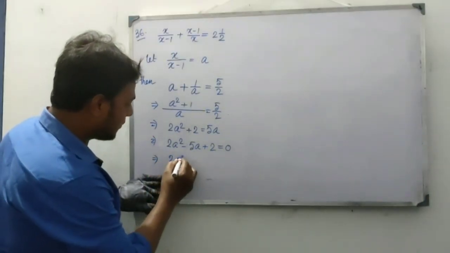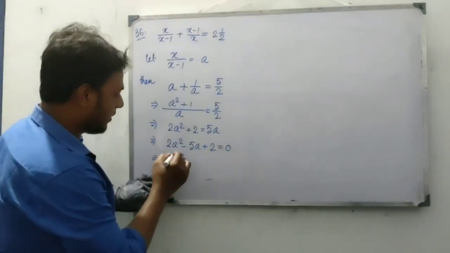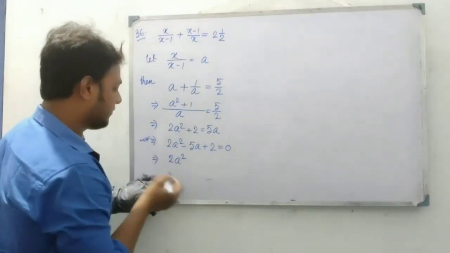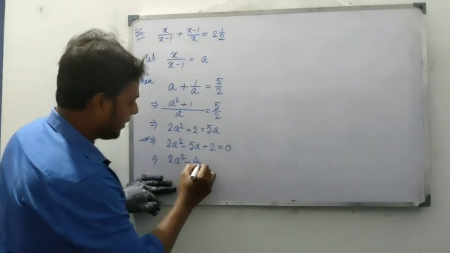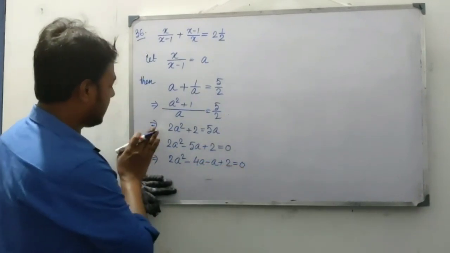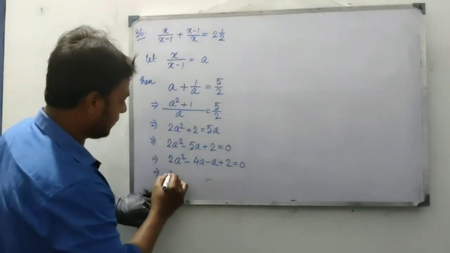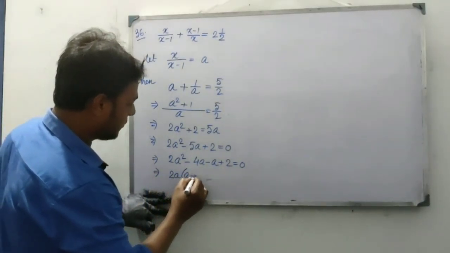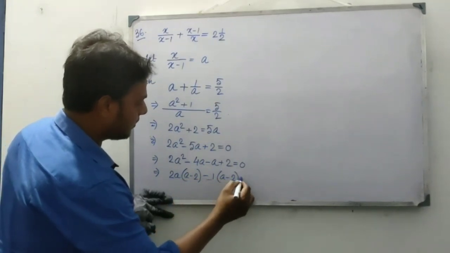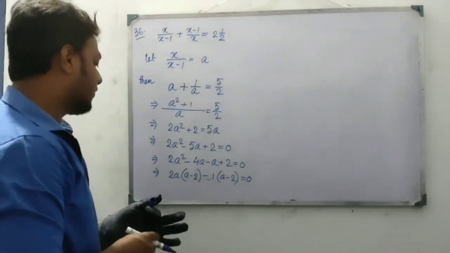So for 2a squared, I discussed this same problem 2 or 3 problems before. So 2a squared minus 4a minus a plus 2 equals 0. Now take common 2 from the first two terms, then a minus 2, and take common minus 1 from the others, and it becomes a minus 2. Now the two terms have a common factor, a minus 2.